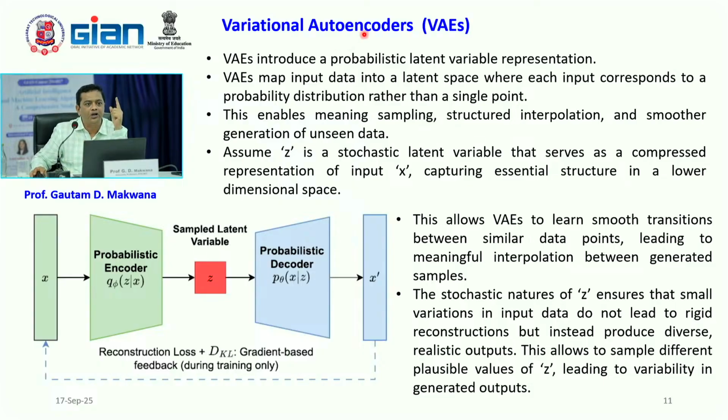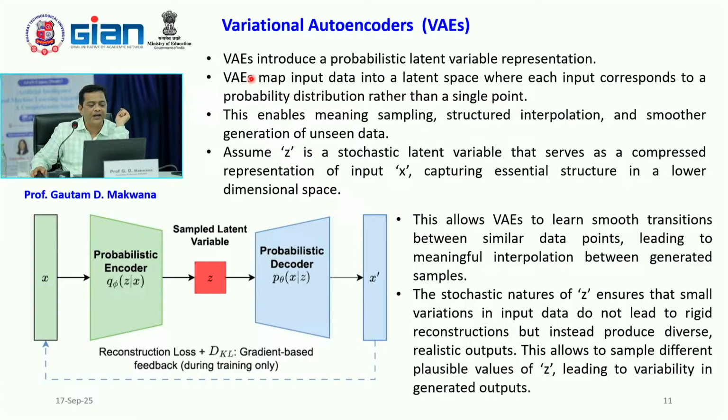In the autoencoder, the output is only the dimensional reduction of your input. But here the output is a dimensional reduction, but with probability distributions. So this Z has a mean and a variance. That's why it is known as the latent variable representation.